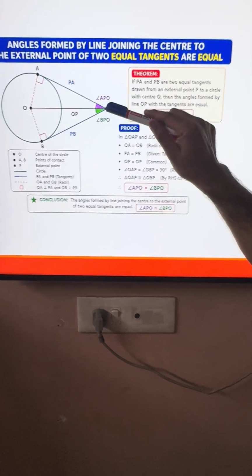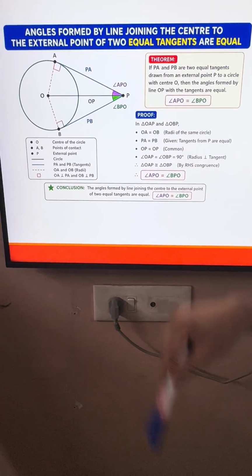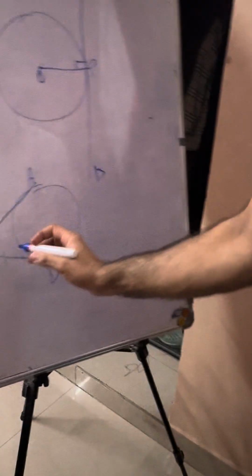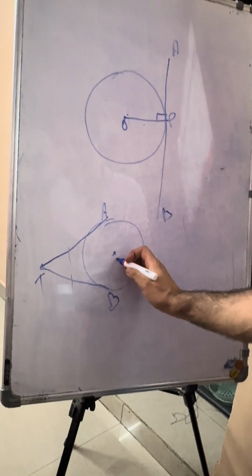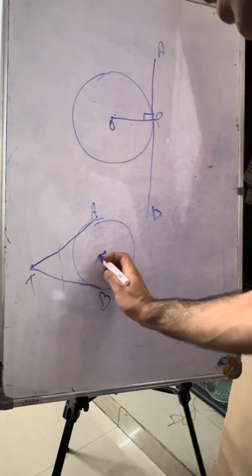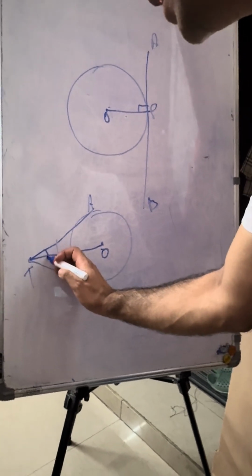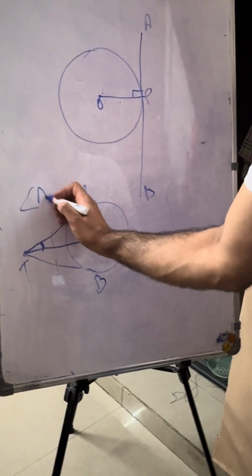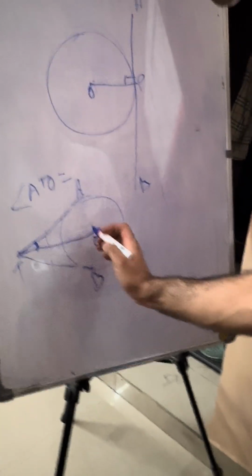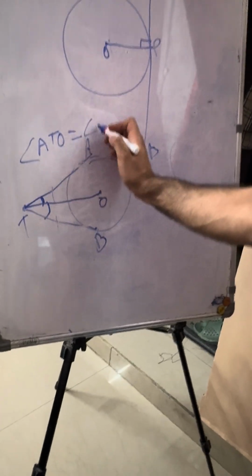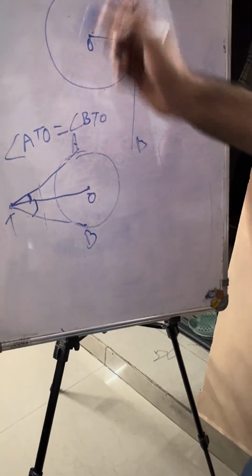So angle APO is equal to angle BPO. In this example, I have drawn two tangents TA and TB, and let's say O is the center. If I draw a line from O to T, then angle ATO will be equal to angle BTO. So this is our third theorem.